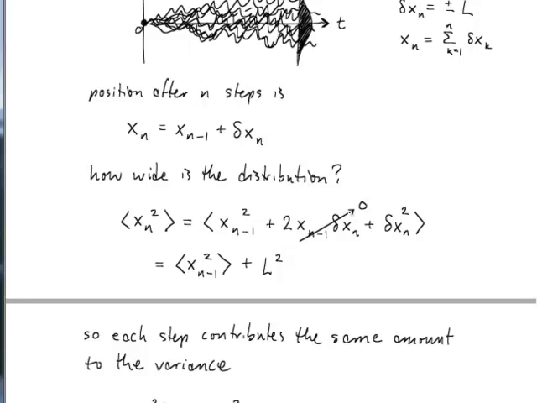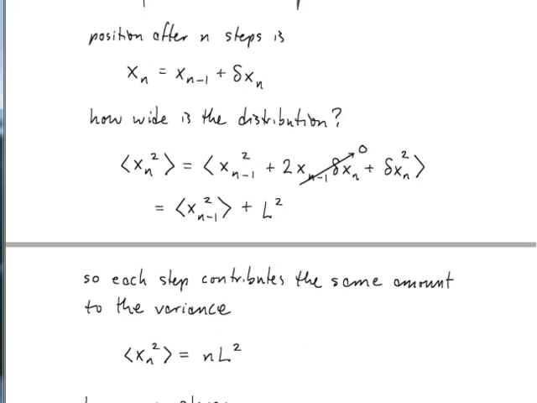Because these things are independent, this cross correlation term just vanishes from the average, and you end up with the identity that xn squared is equal to xn minus 1 squared plus L squared, which is really pretty important. It tells you that the squared displacement after n steps is growing by L squared with every single step.